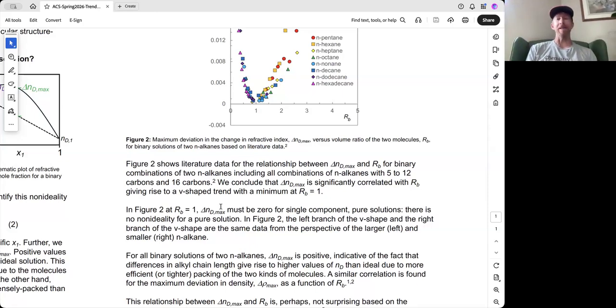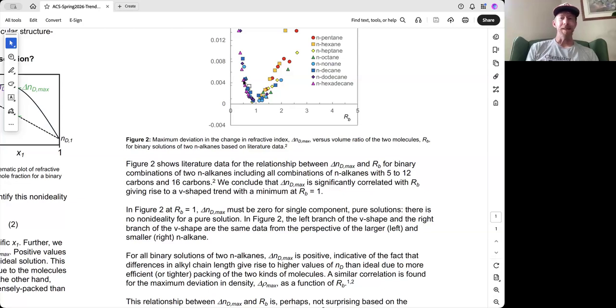It's not even a binary solution, so there are no points at 1. But if there were, there would be no non-ideality, because it's just a pure solution. Hopefully that makes sense.